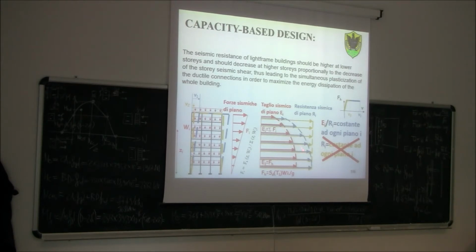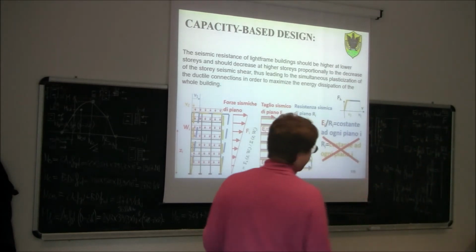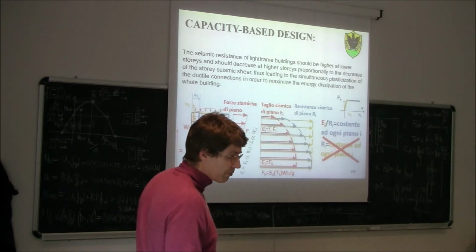To have a distributed plasticization, like for the cross-lam building, like we said last time on Monday, we need to make sure that the ratio between the shear strength demand and the shear strength capacity, so the red and the blue curve, should be more or less constant at each floor. So there shouldn't be significant differences between the two.